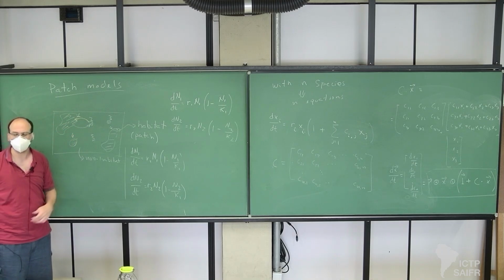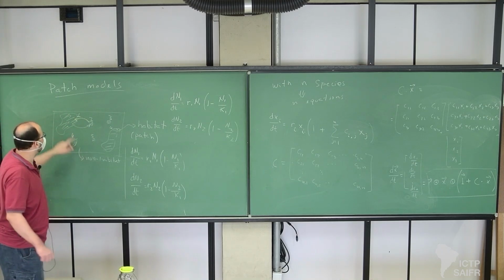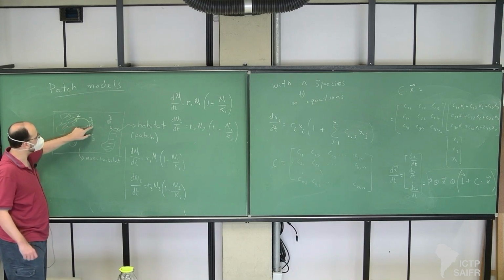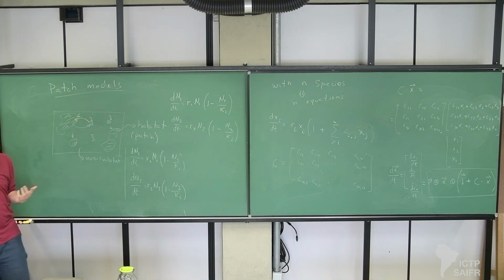So I'm going to write that the migration rate from 1 to 2 is proportional to the population in the patch 1, yeah? So the total migration rate is proportional to the population in the source patch, okay? Does that make sense?